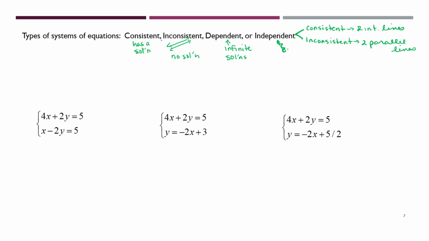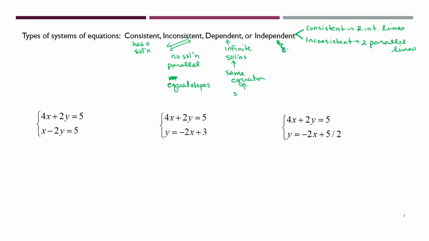Okay, so let's take a look. Inconsistent, being parallel, would mean that the slopes are equal. Okay, dependent means they're actually the same equation.